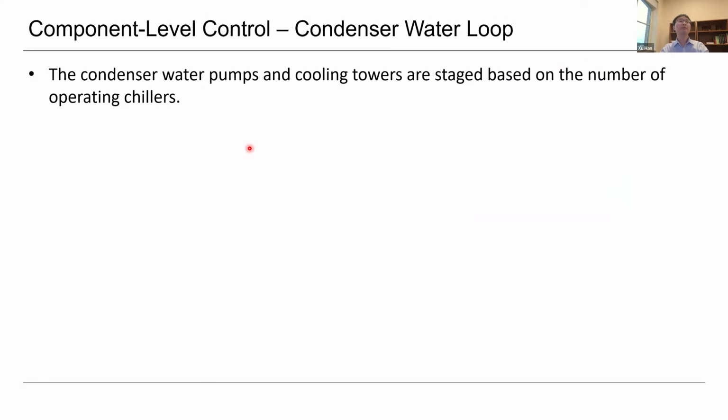And this is for the air loop. And for the condenser water loop, the condenser water pump and the cooling towers are staged based on the number of operating chillers. For example, if one chiller is on, one condenser water pump and one cooling tower should be on. So they should be consistent.